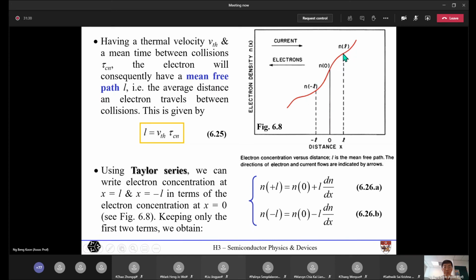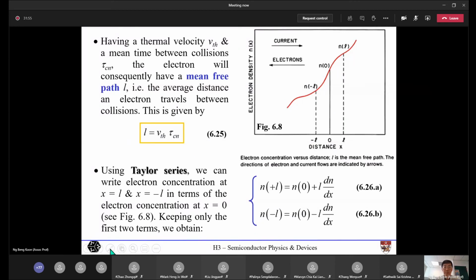So one thing that we could try is to approximate these concentrations in terms of n naught, the concentration in the middle that we're considering. This is necessary because later on we're going to make use of this approximation to simplify the calculation.